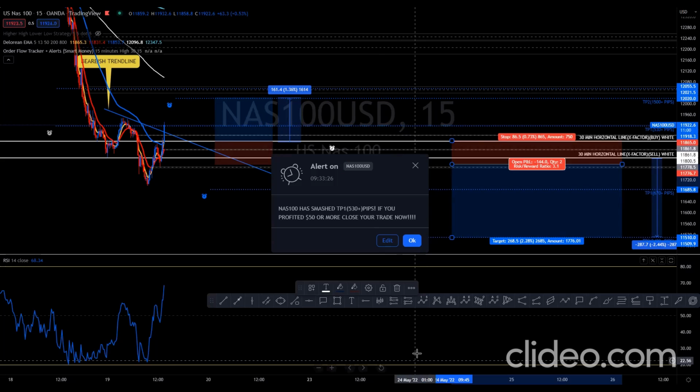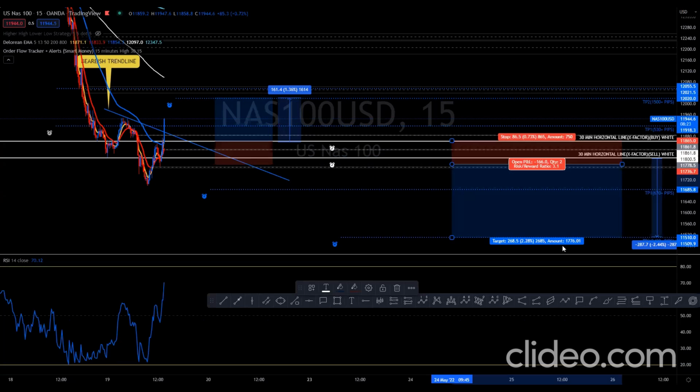Let me pause this recording real quick. All right, guys, I just locked in my first profit, so let me go ahead and share my phone screen. I already trailed my stop loss.